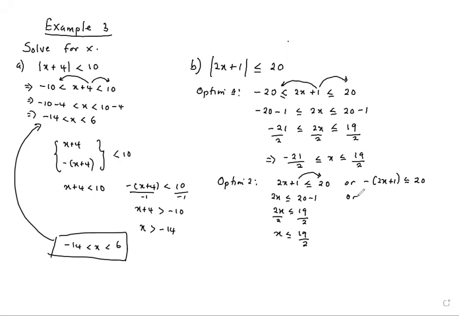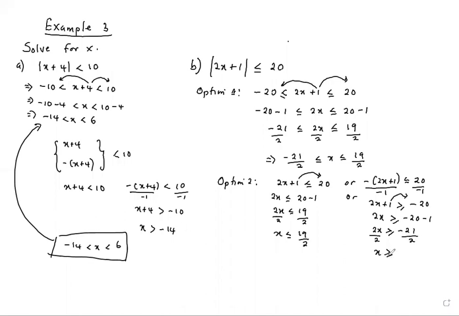Or divide the negative there, you get 2x plus 1 greater or equal to -20. Take one the other side, you have 2x greater or equal to -20 minus 1. That is 2x greater or equal to -21. Divide by 2, divide by 2.